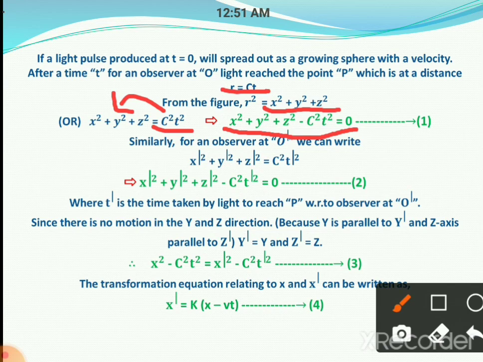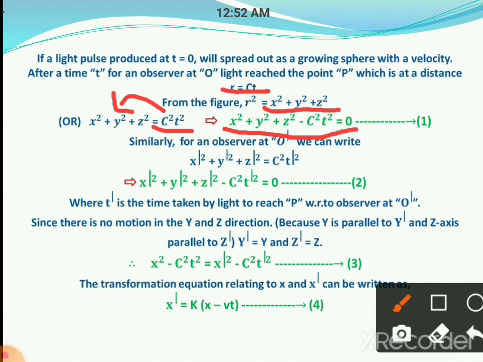Similarly, for an observer at O dash, wherever we had x, y, z we consider x dash, y dash, z dash, because there are two frames. Therefore, for the observer at O dash, x dash square plus y dash square plus z dash square is equal to c square t dash square.